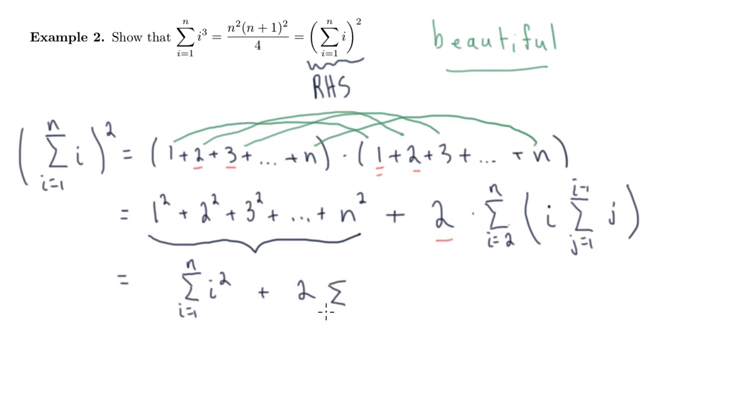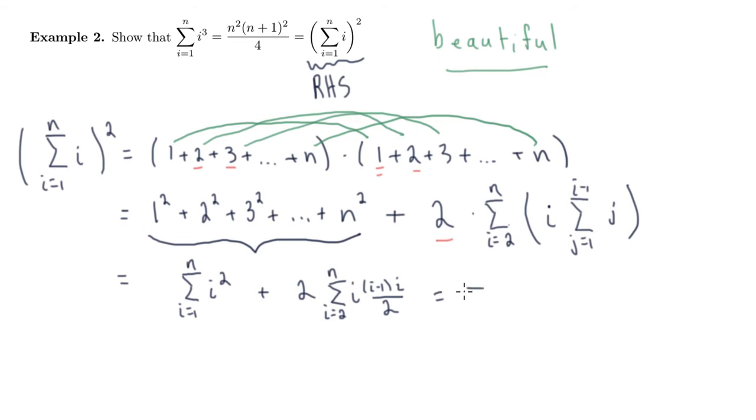gives, well, it's going to give i minus 1 times i minus 1 plus 1, which is i, over 2. Okay. And then, of course, we're multiplying this by i, so this is times another i. So the 2's will cancel, and what are we left with?